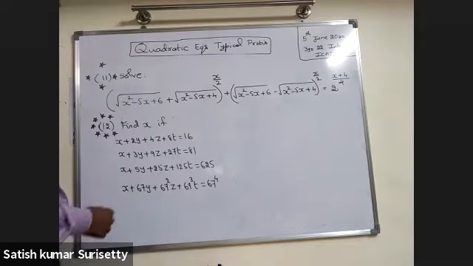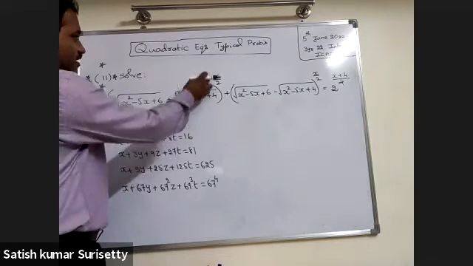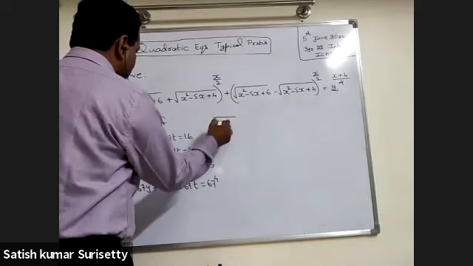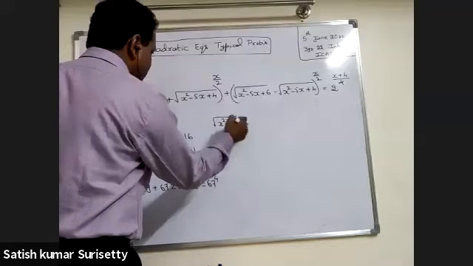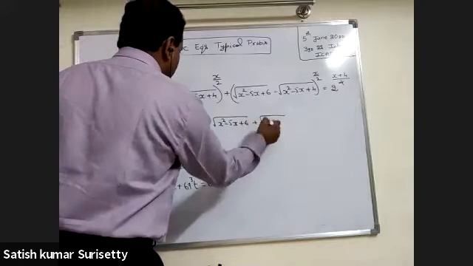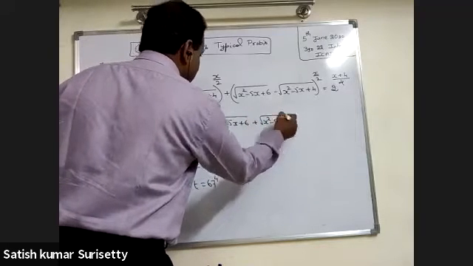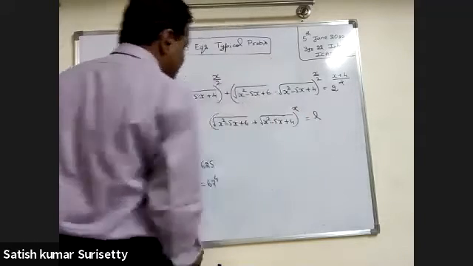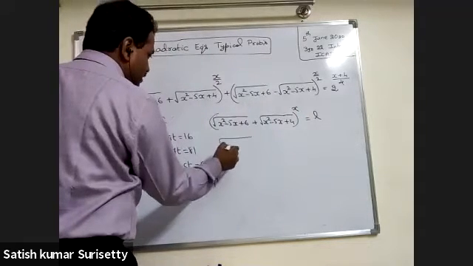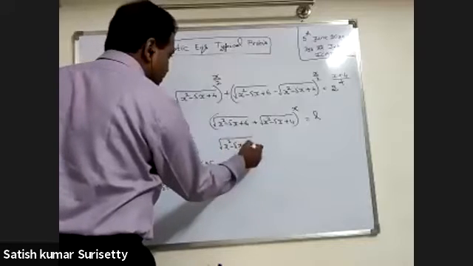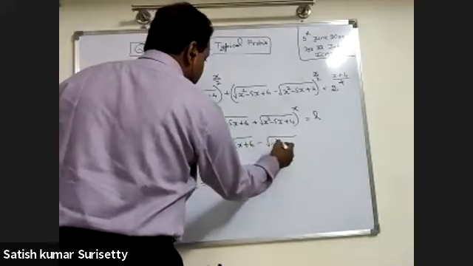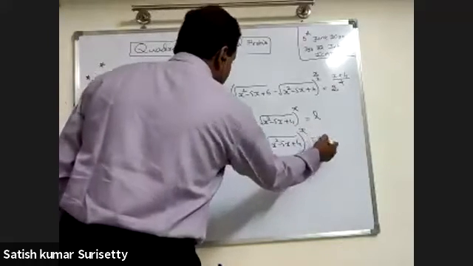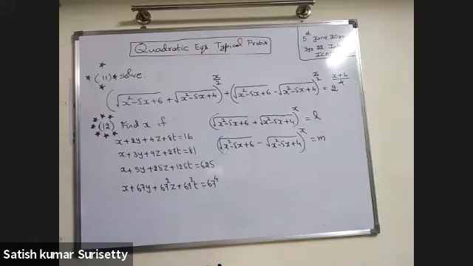The method is to take the expression to the power of x as one substitution. Let us take root of x square minus 5x plus 6 plus root of x square minus 5x plus 4, to the power of x, as L, and root of x square minus 5x plus 6 minus root of x square minus 5x plus 4, to the power of x, as M. Now, what does the given equation become?